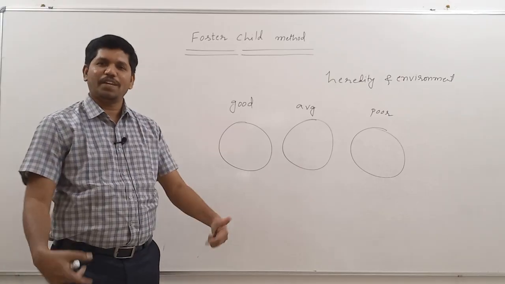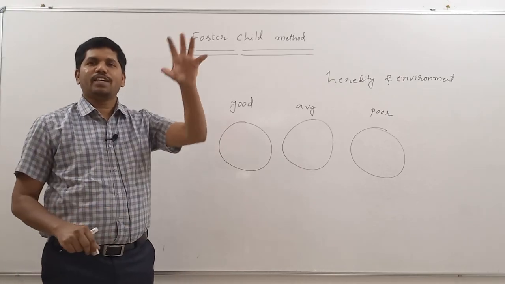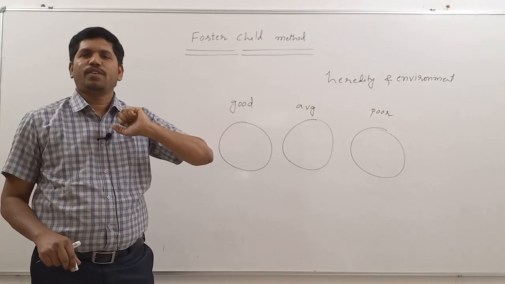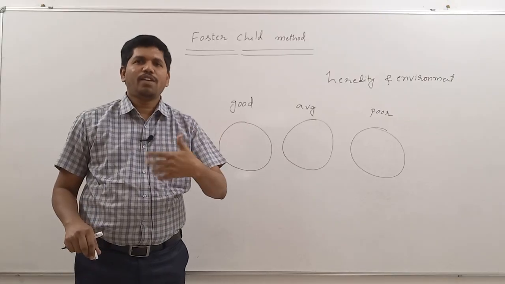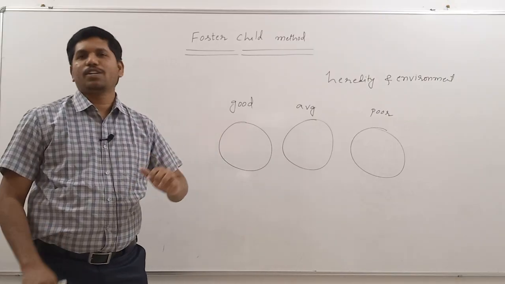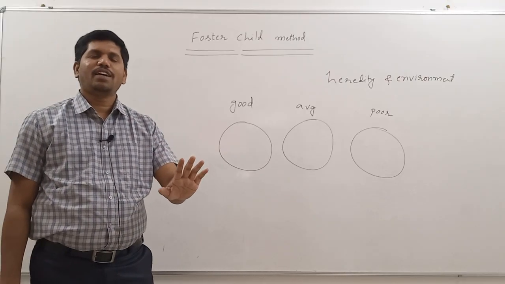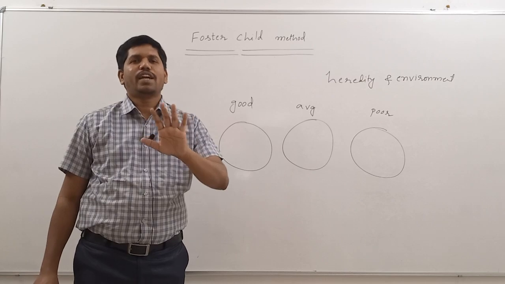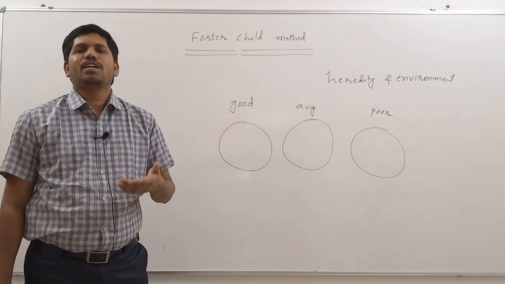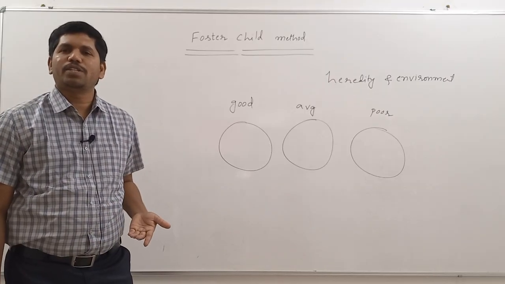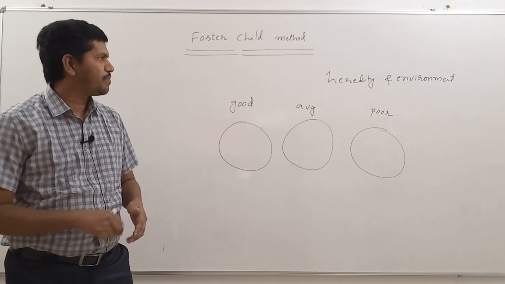Similarly, here also they assumed that if you select some children randomly for this study, most of the time they will have more or less similar genetic component. Just mention that they selected some children randomly, and this is based on one assumption that the genetic element is equally distributed in case of a random selection.